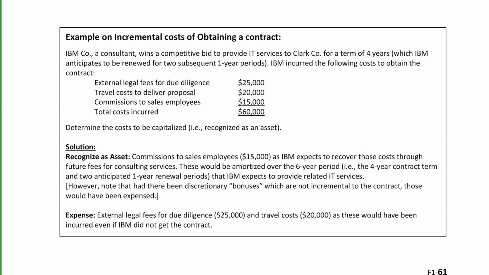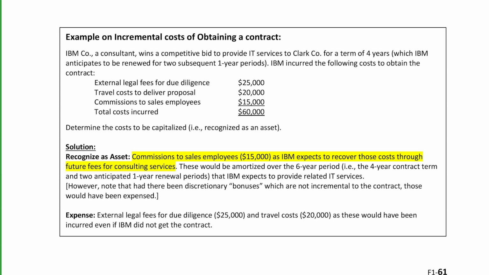Now, determine the cost to be capitalized, that's recognized as an asset. Highlight commissions to sales employees of $15,000 is recognized as an asset as IBM expects to recover those costs through future fees for consulting services. And these would be amortized over the 6-year period.